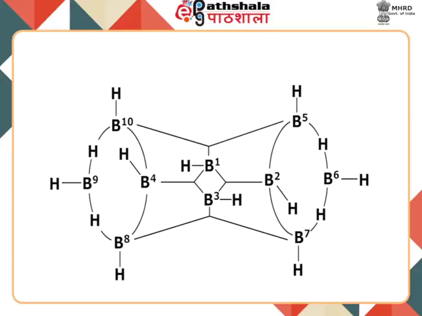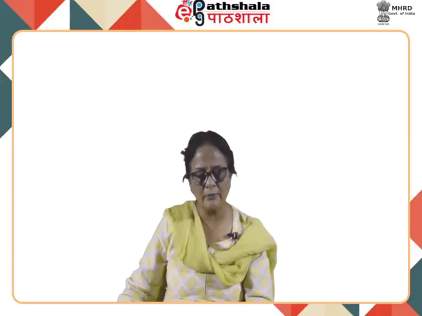Hence, out of the 30 valence electrons of 10 boron atoms, 12 electrons are used up in the 6 BBB bridge bonds, 4 electrons are used up in the 4 BHB bridge bonds, and 4 electrons are used up in the 2 BB bonds. The remaining 10 electrons are used up in the terminal BH bonds.